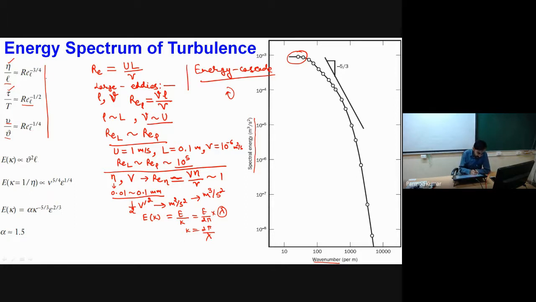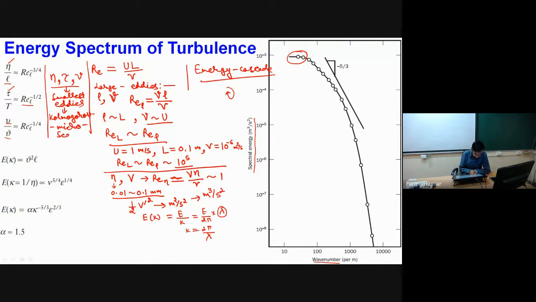So whatever scales, eta, tau, and v, we have got for the smallest eddies present in the domain, these correspond to the smallest eddies. These are specifically known as Kolmogorov microscales.